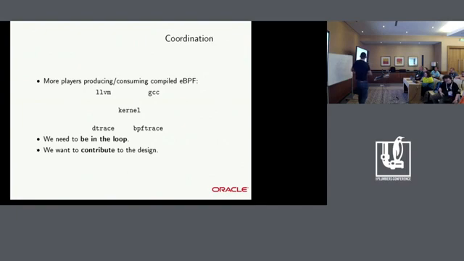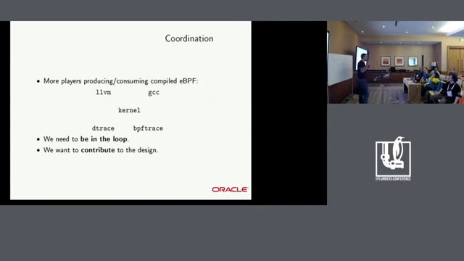Related to that, now there is LLVM, and now there is also GCC. The kernel is the consumer for now, but there could also be simulators and whatnot. Also, I think bpftrace has changed to have a compiler as well, because it compiles from a language, the D language.